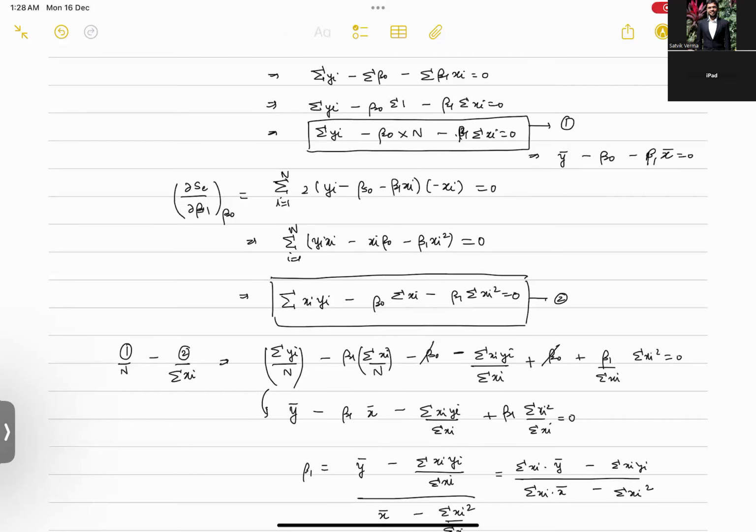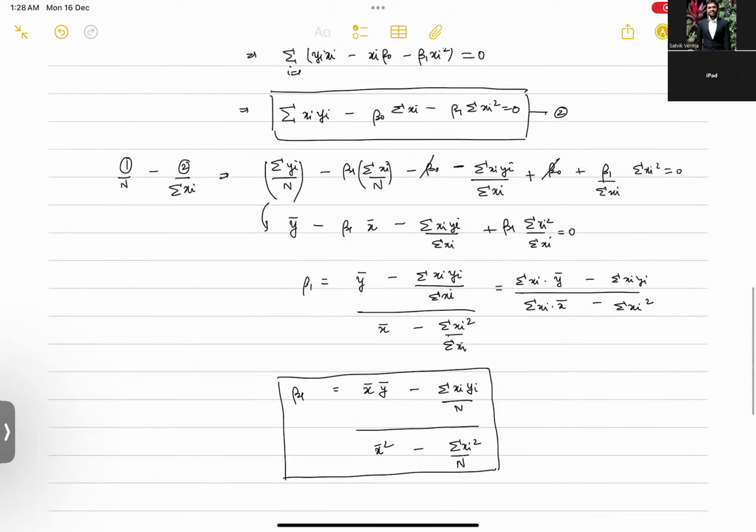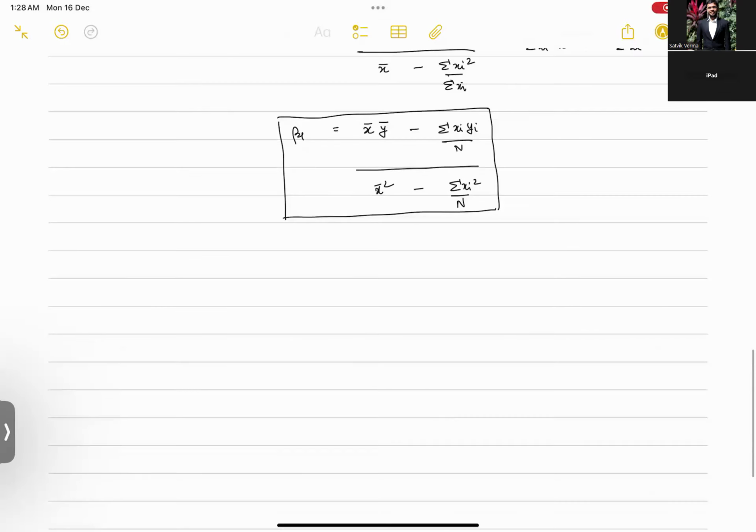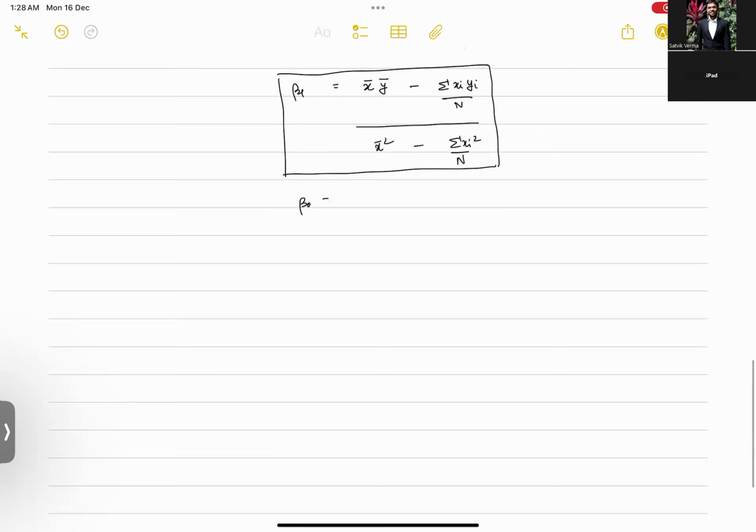So we simply get beta naught equals to y bar minus beta 1 x bar, right? So that is how you obtain beta naught. So we've got beta 1 from this equation, and we can obtain beta naught as y bar minus beta 1 x bar. Okay, so we've obtained the two parameters, beta naught and beta 1, right?